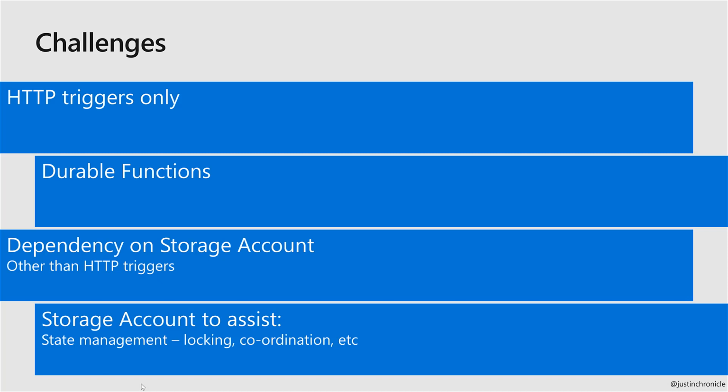Some kind of that state has to be stored somewhere, and that is the storage account. If the Azure Functions team decouples the storage accounts from the Azure Functions runtime, then all the other triggers can run on the container side. But we can still use containers within the Azure environment, because there we can still use the storage account anyway.